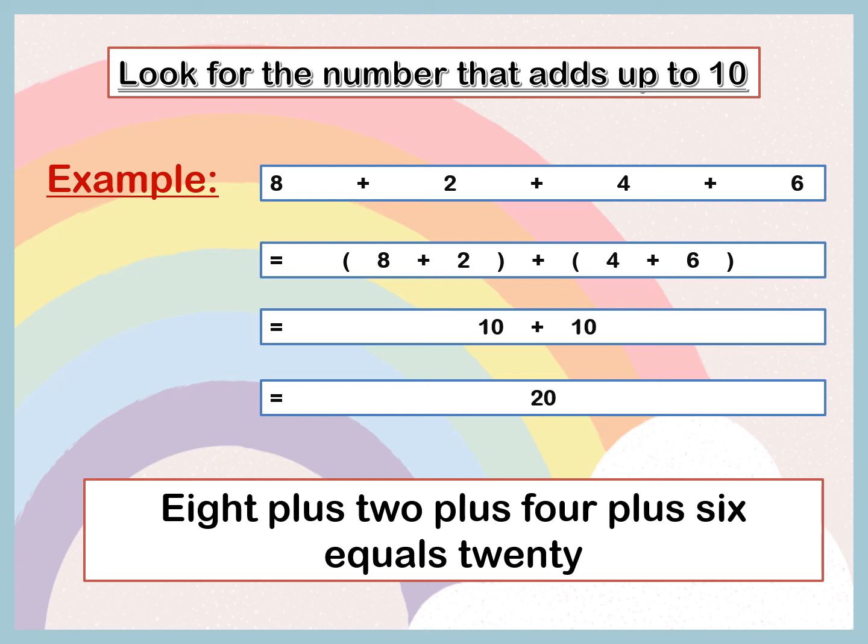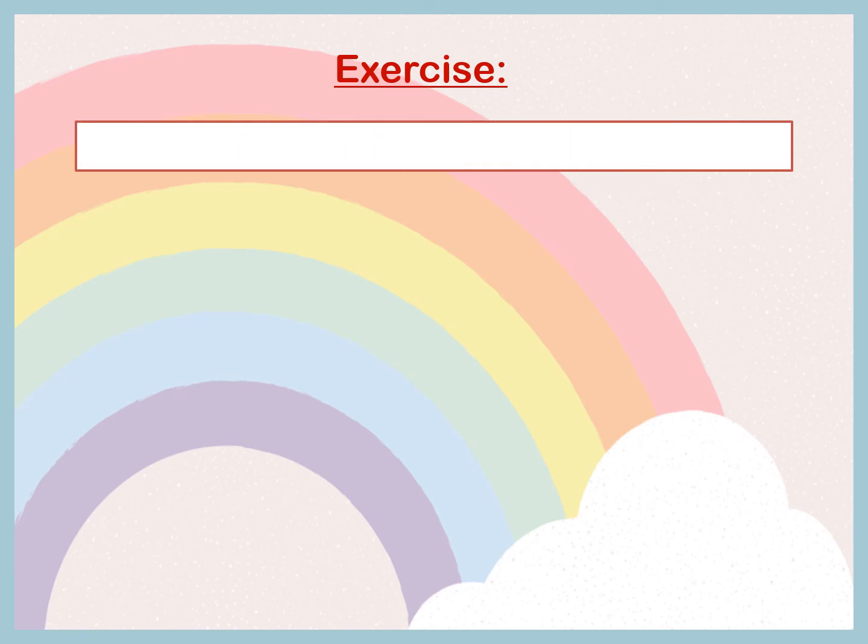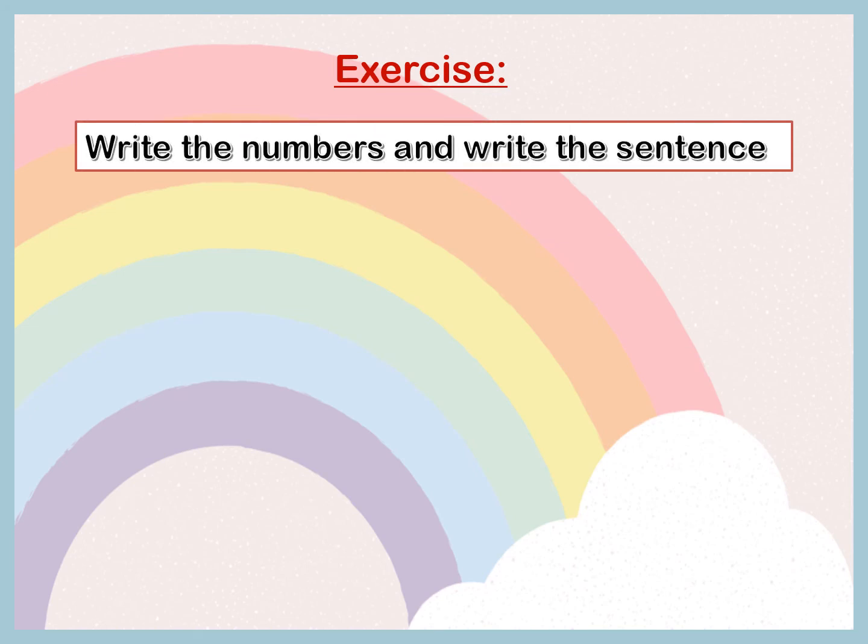But before we proceed, what I want you to do is prepare a pencil and a paper so you can find the correct answer. You have to do it on your own, kids. Right, let's proceed now. Exercise. Write the numbers and write the sentence.